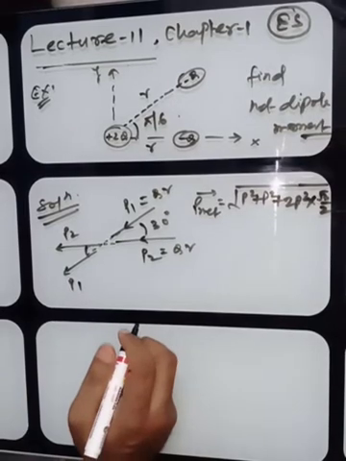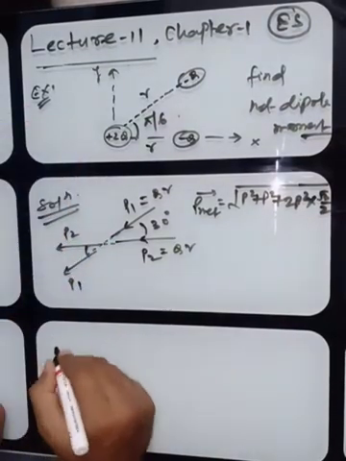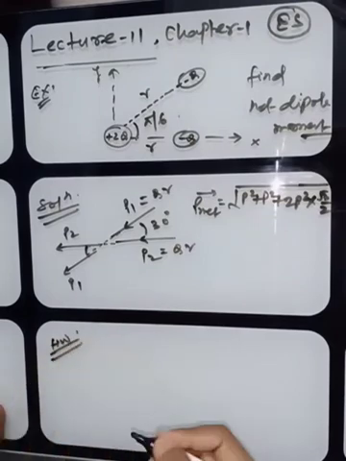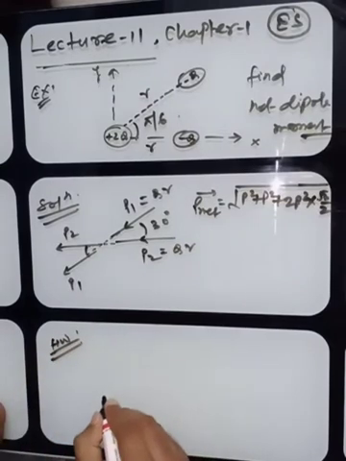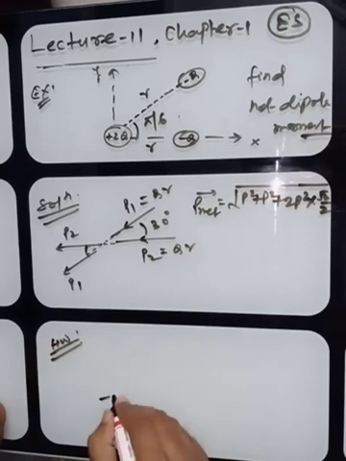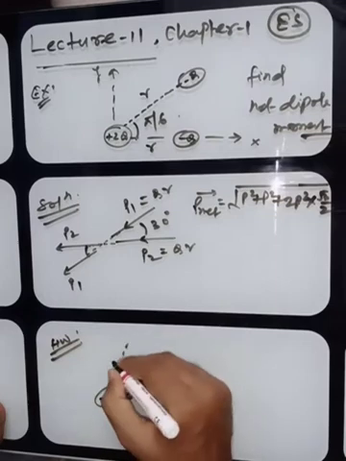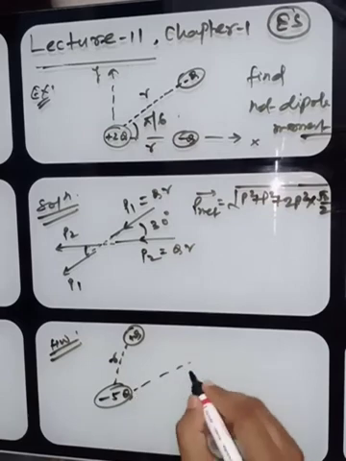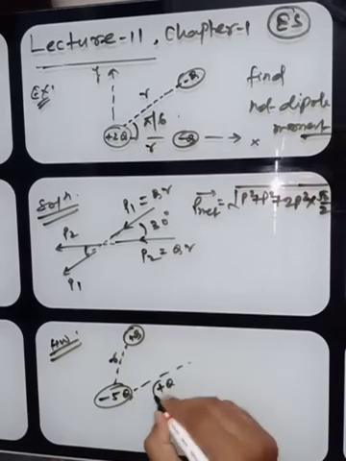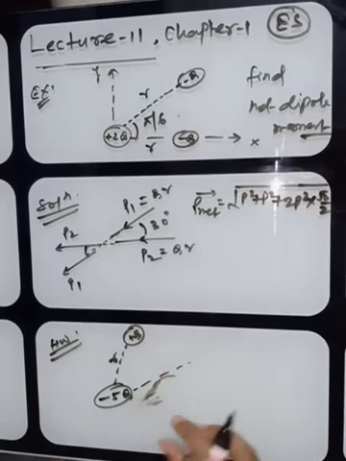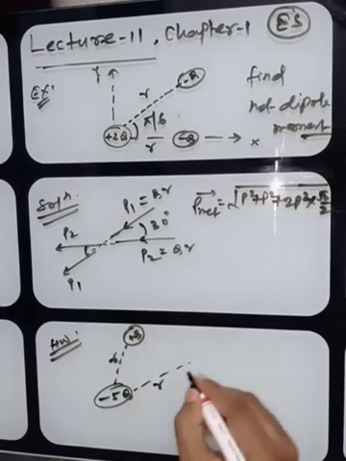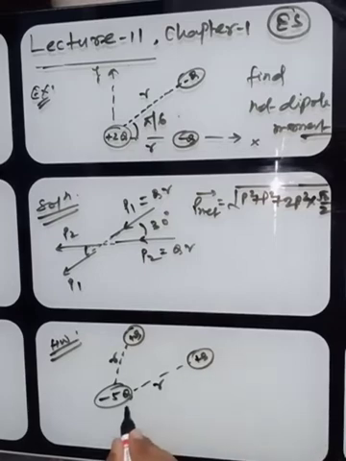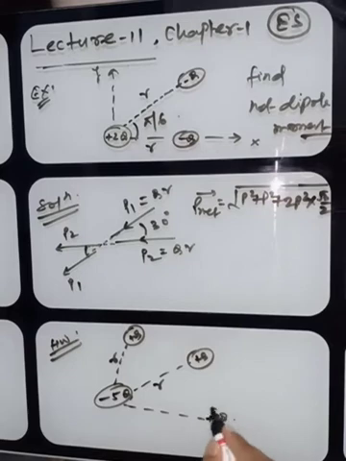Now, another simple question I'm asking, and this will be your homework. Minus 5q at r distance, plus q at r distance, plus q at this r distance, plus q, and here at r distance plus 2q.